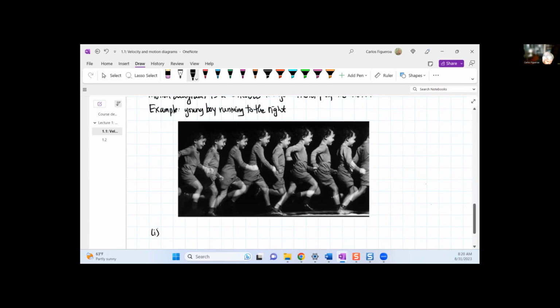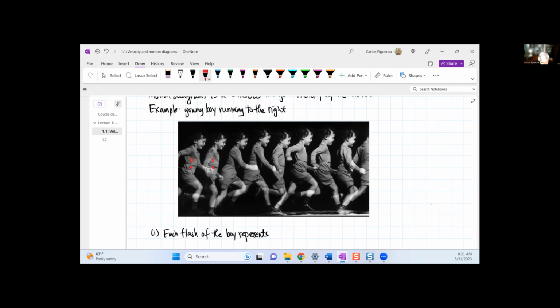So the first thing that you should pay attention to is that each flash of the boy represents some time interval, right? So, for example, we can look at this boy right here and say, okay, this is my point 0, so that's 0 seconds. And from there to there takes a certain amount of time.